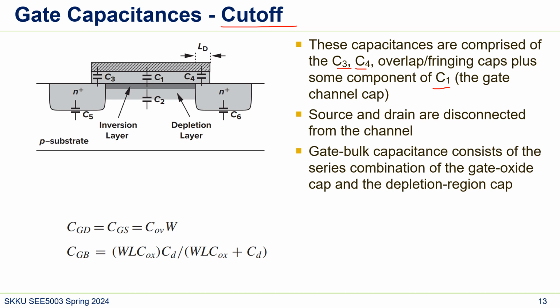Gate bulk capacitance consists of a series combination of C1 and C2. So in short, in the cutoff region, CGD and CGS are COV times W. We learned this, right? And then CGB is actually C1 parallel C2.